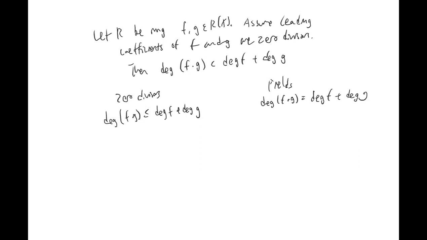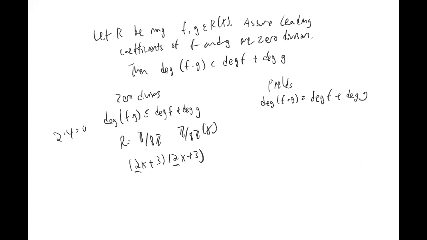Just take R to be Z mod 8Z. Then we are working in (Z mod 8Z)[X], right? So 2X plus 3, and 2X plus 3. Here, both the leading coefficients are zero divisors because 2 times 4 is 0.